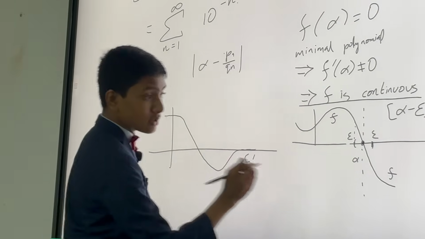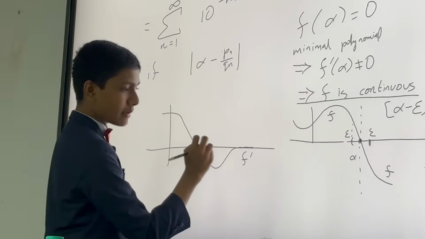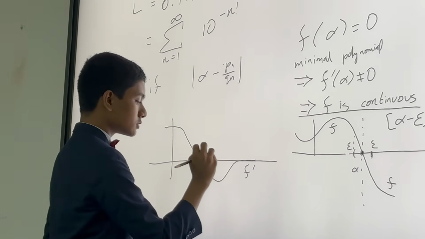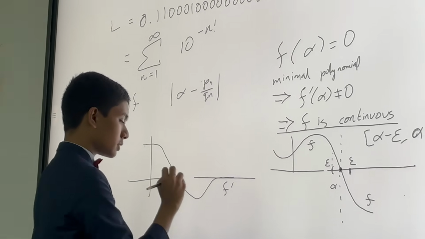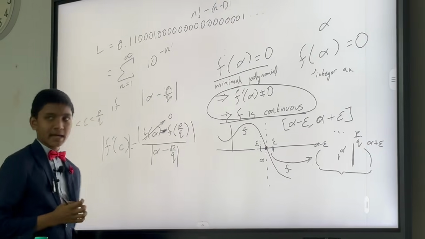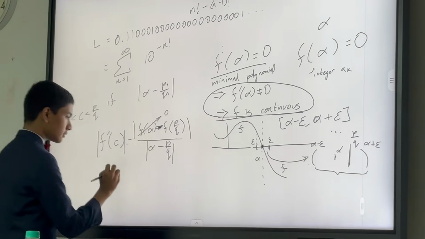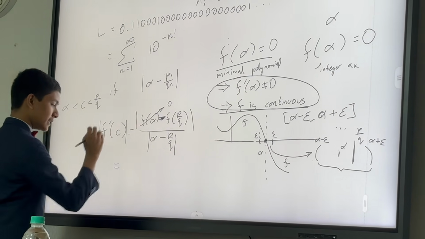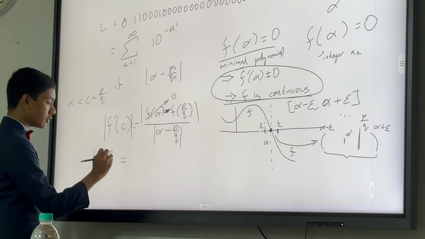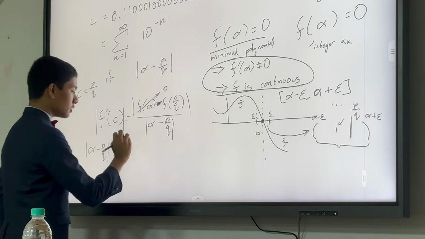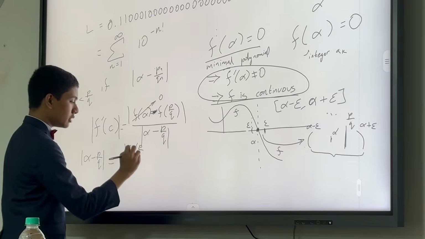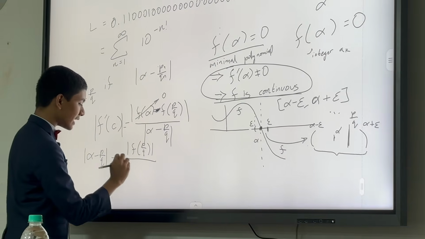And so it's negative at exactly that point in time. No, that's not where I want to put it. Minus sign on this doesn't matter much anymore. We can rearrange this and write alpha minus p over q is equal to f of p over q minus f prime of c.